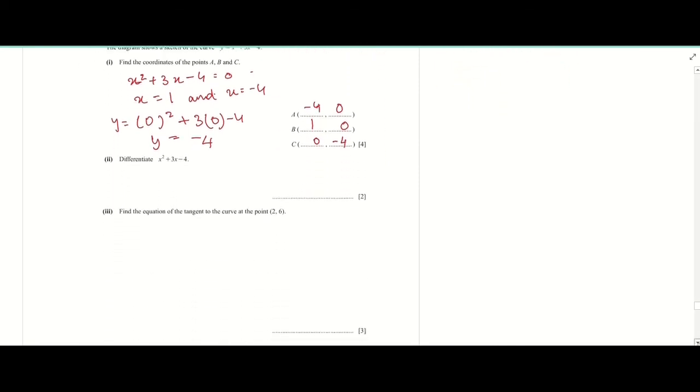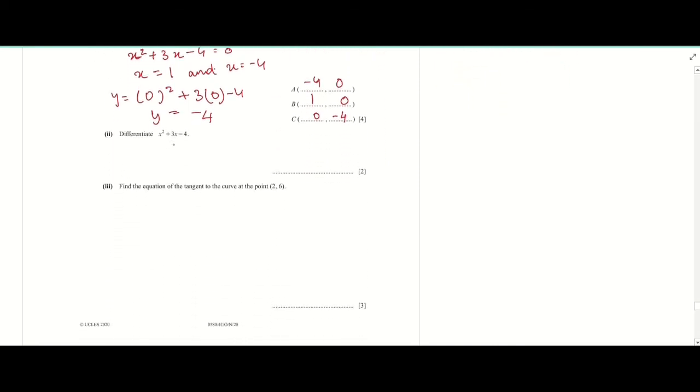Now we'll have to differentiate the expression that's given to us, x squared plus 3x minus 4. The way I have told you before, imagine one coefficient is there. So 2x, now 2 minus 1. Imagine there's 1 here, so 3 multiplied by 1, x to the power of 1 minus 1. Now -4 is a constant.